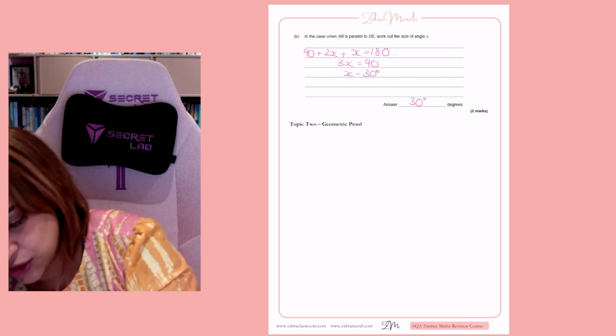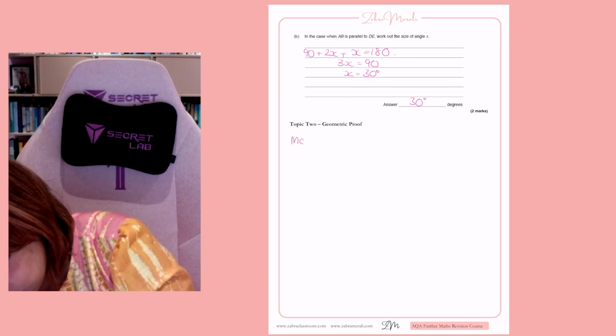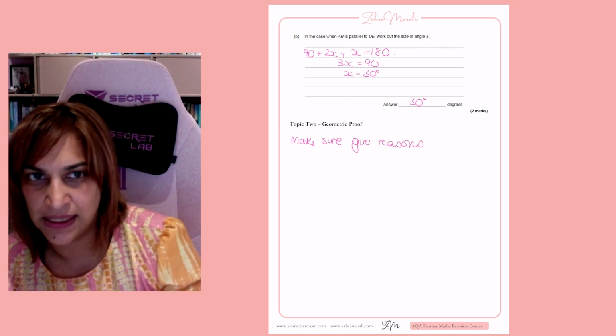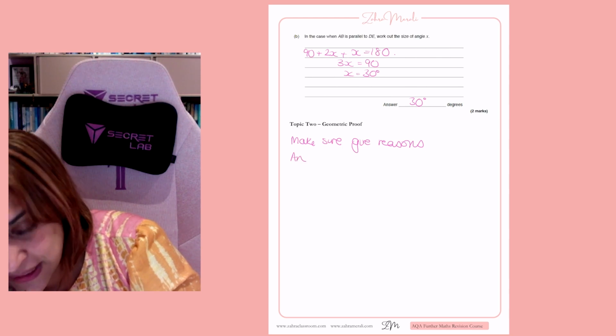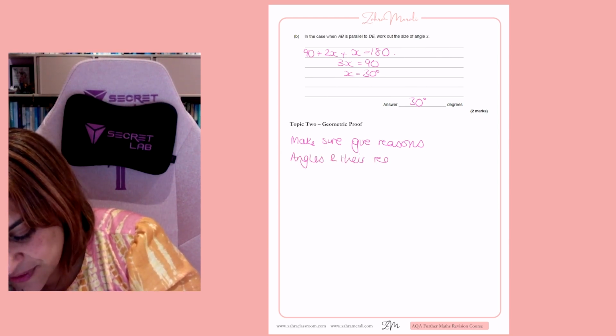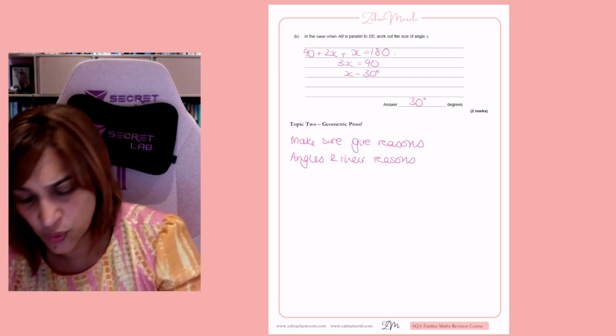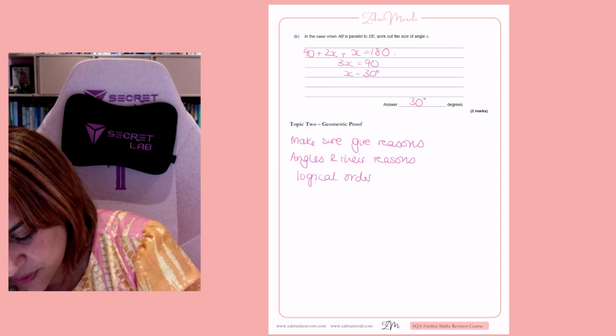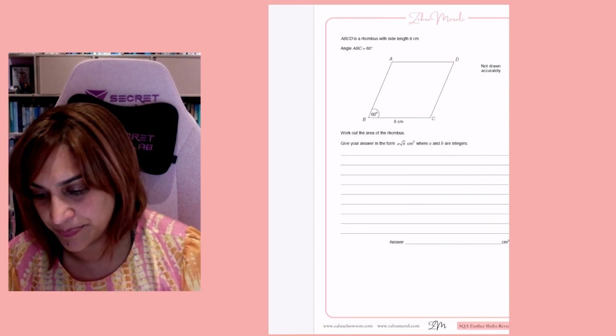So you have to make sure you give reasons. So that's your pointer number one. Not just the angles, so you want the angles and their reasons. And if it's a proof question, you want to go in a logical order. So that's the most important thing here.